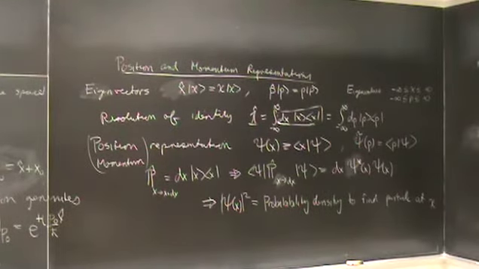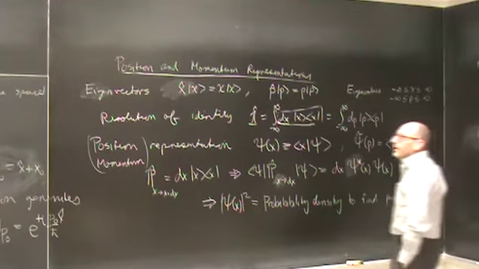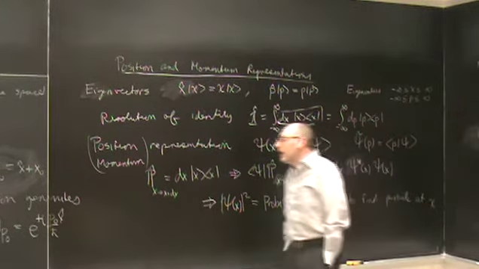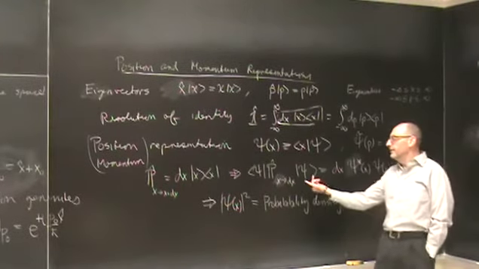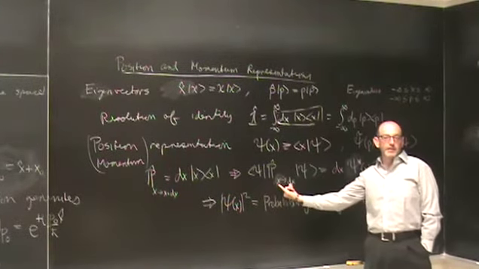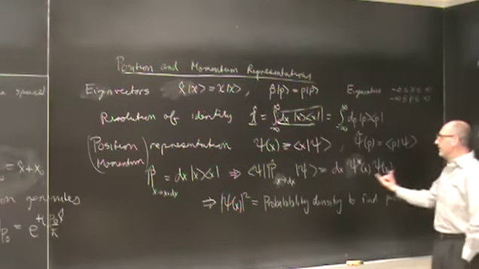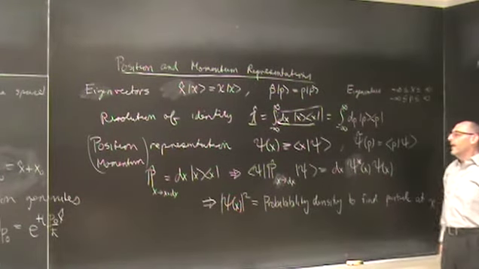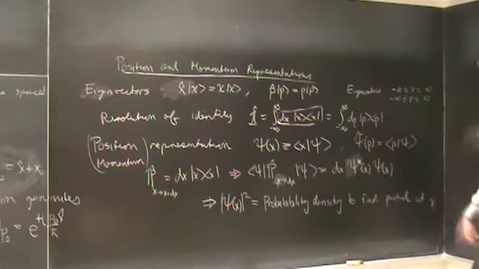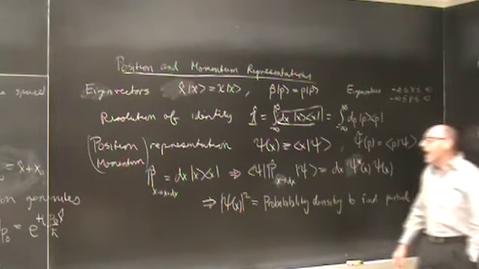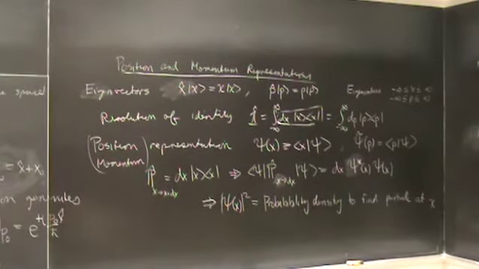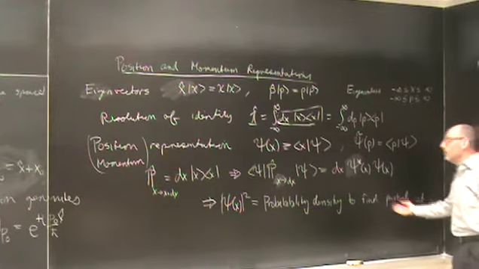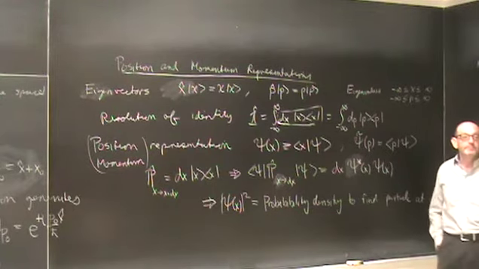And so by the Born rule, the probability to find the particle in that region is the expected value of that projection, and that is given here. So that allows us to interpret psi star psi, or the magnitude squared of that wave function, that probability amplitude, as the probability density to find the particle at x. Okay?